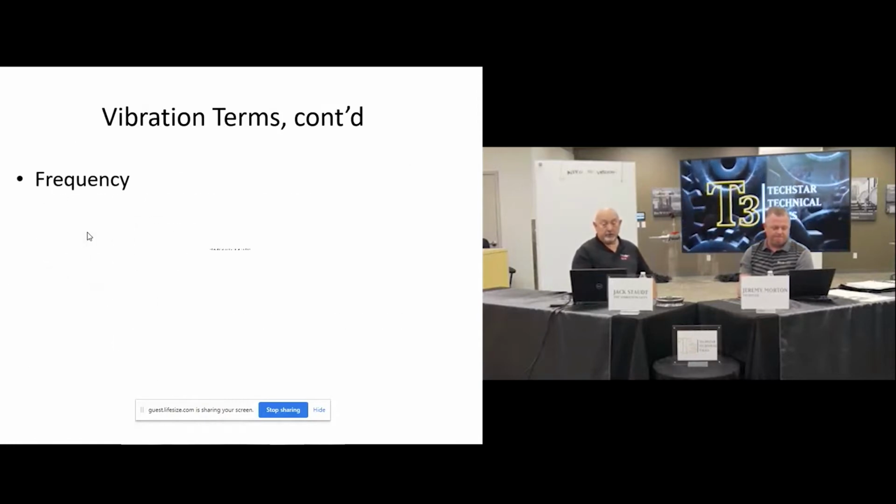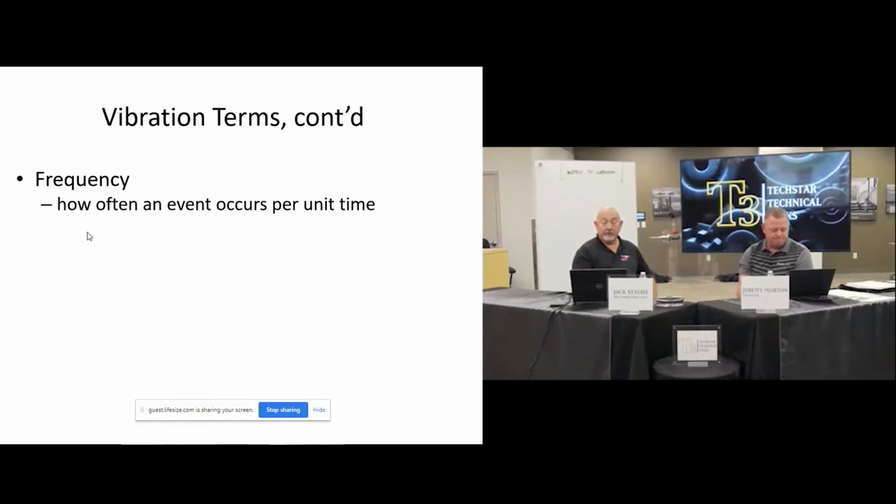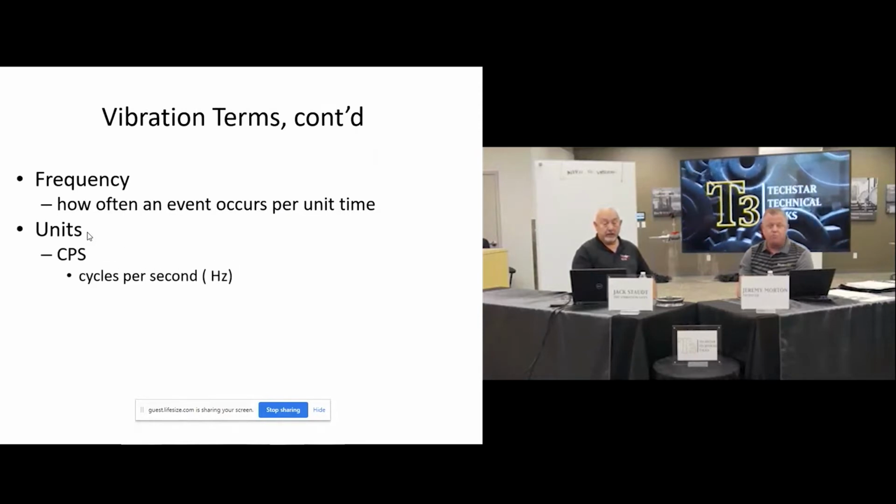We'll move on to the other terms. We're going to talk about frequency, how often an event occurs per unit time. Units we look at are CPS, or cycles per second, which in our world we call hertz.